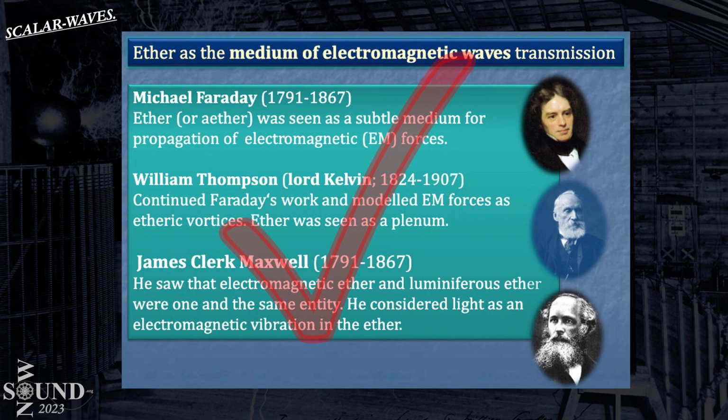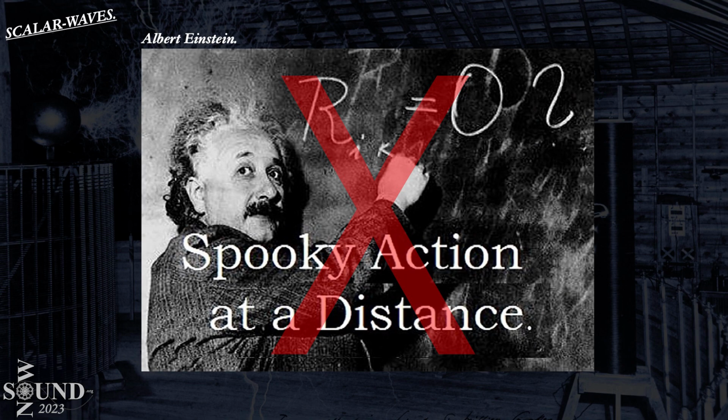And there's Maxwell, who came up with the brilliant equations. He considered light as an electromagnetic vibration of the ether. And then we get to Einstein. He sort of saw it, and then he went, nah, it's just spooky stuff, and sort of fobbed it off. So he called it action at a distance.